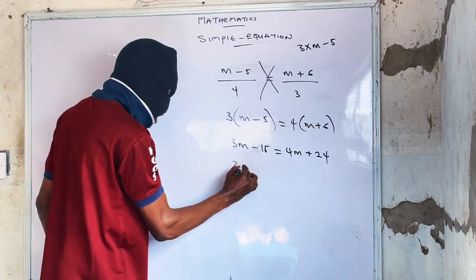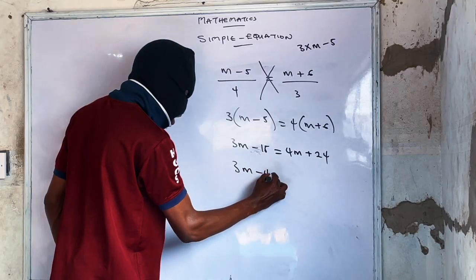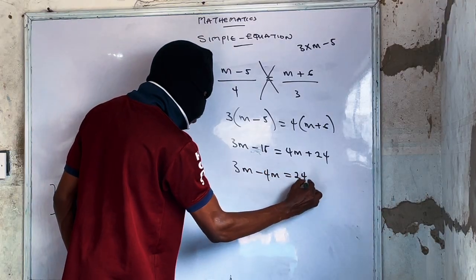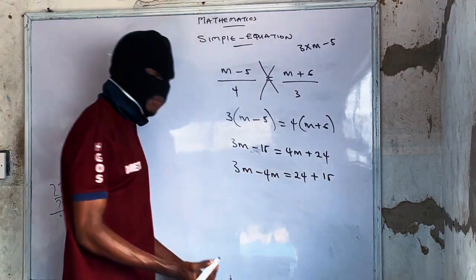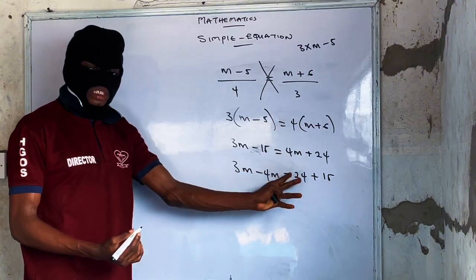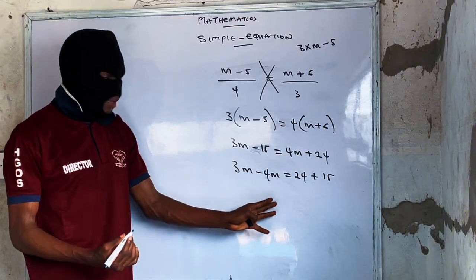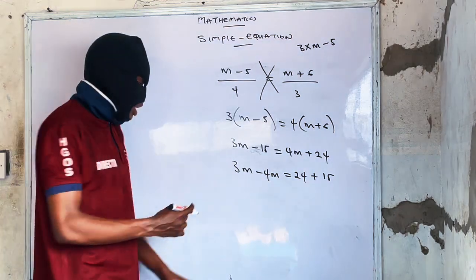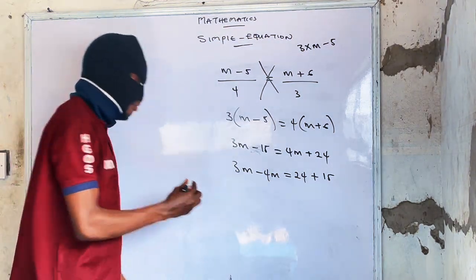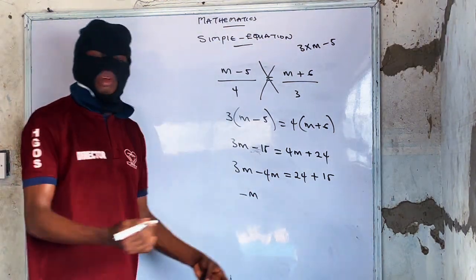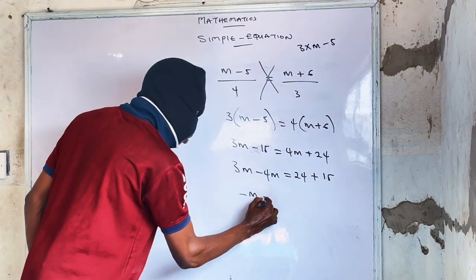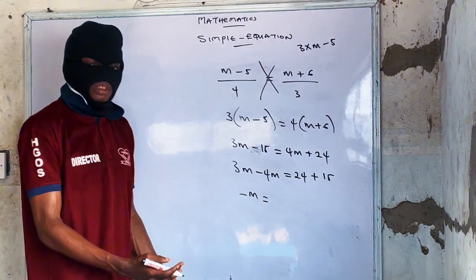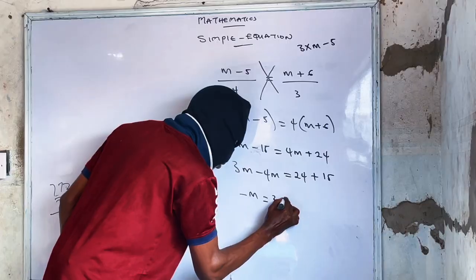Now 3m minus 4m equals 24 plus 15. This 4m has an invisible plus. When it crosses over the equals sign, it changes to minus. And when the minus 15 crosses over, it changes to plus. Now 3m minus 4m will give you minus m, because you are still owing, equals 24 plus 15, which will give you 39.